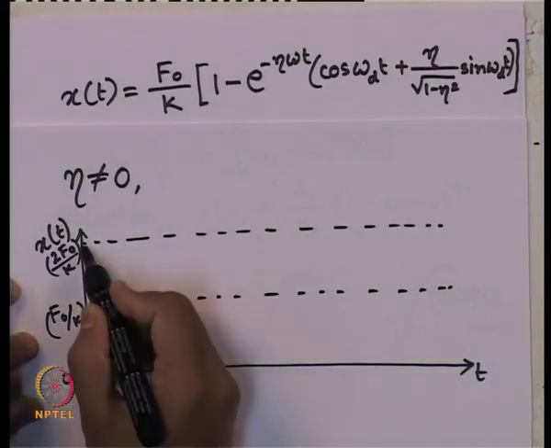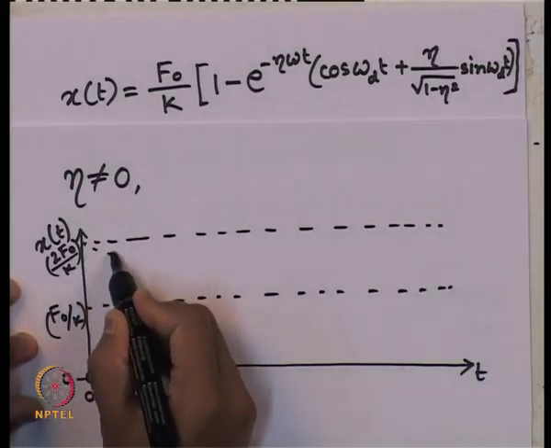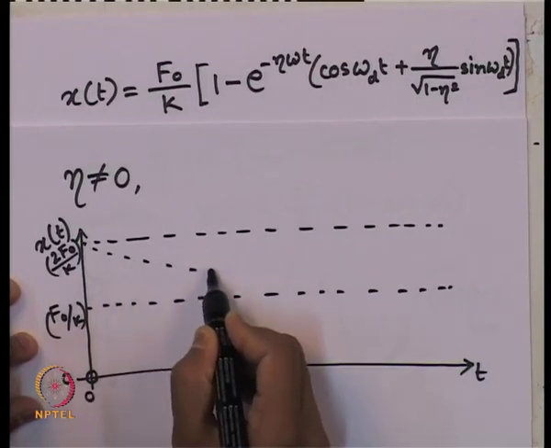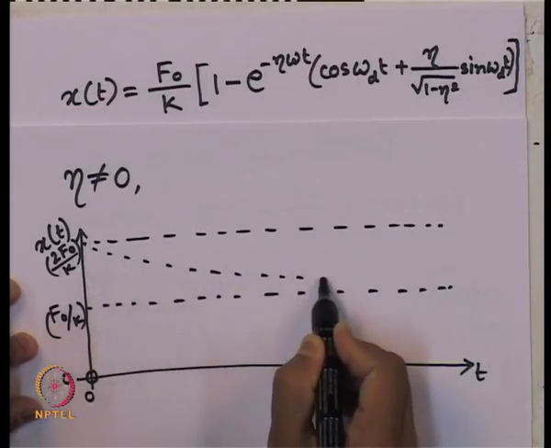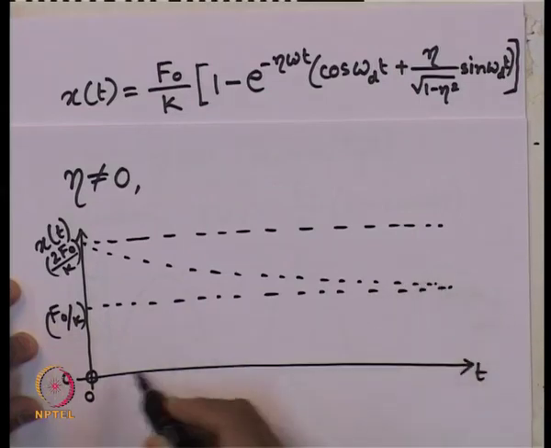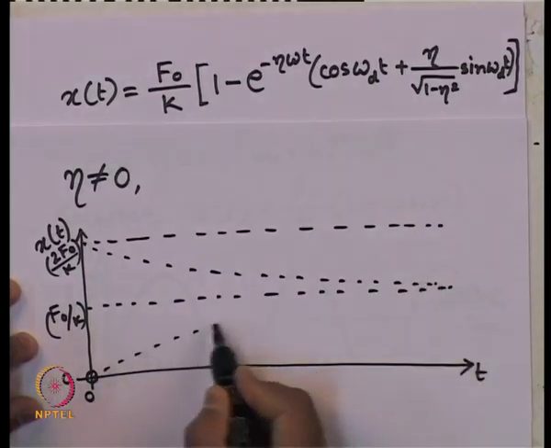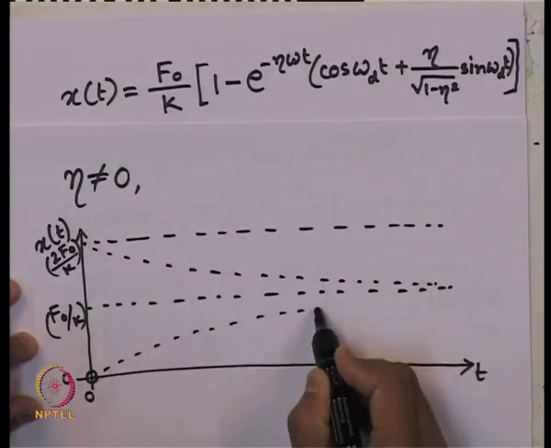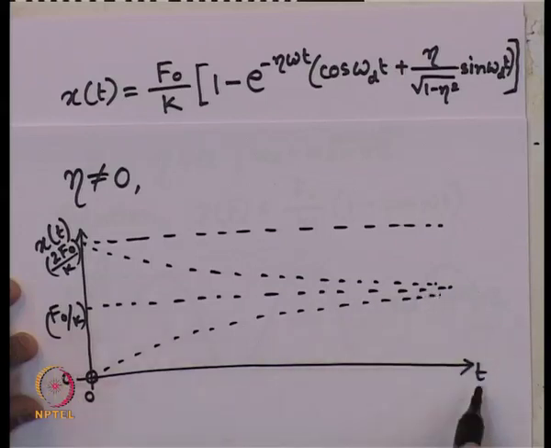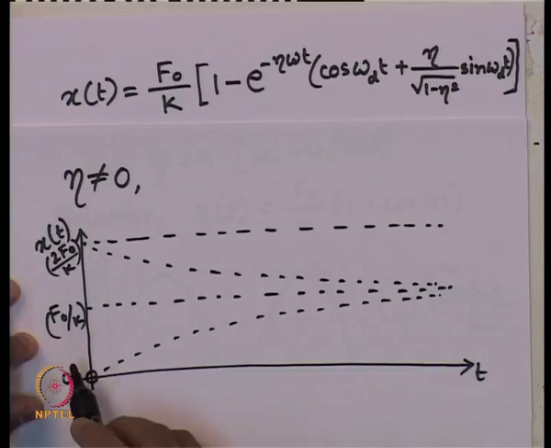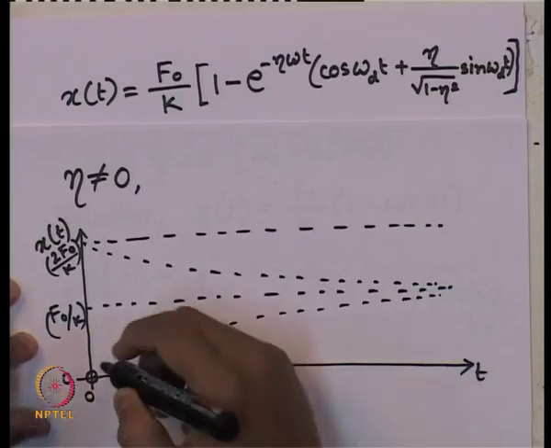So, that is why I said the oscillation will occur about the static displacement point. If we want to draw the response, it is similar to what we drew earlier, only the baseline of oscillation has now changed. Instead of the 0 baseline, it is now oscillating about the static displacement.